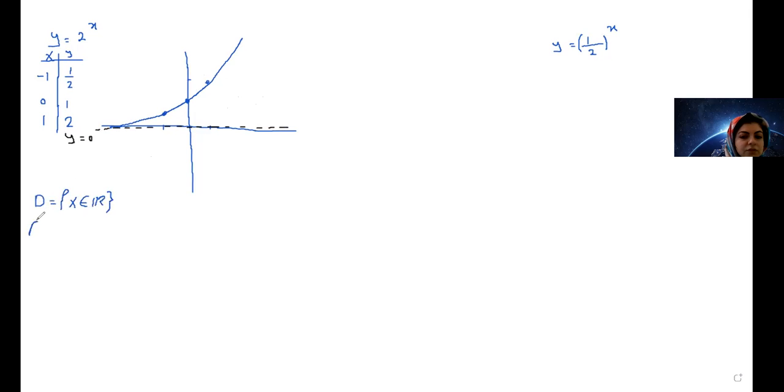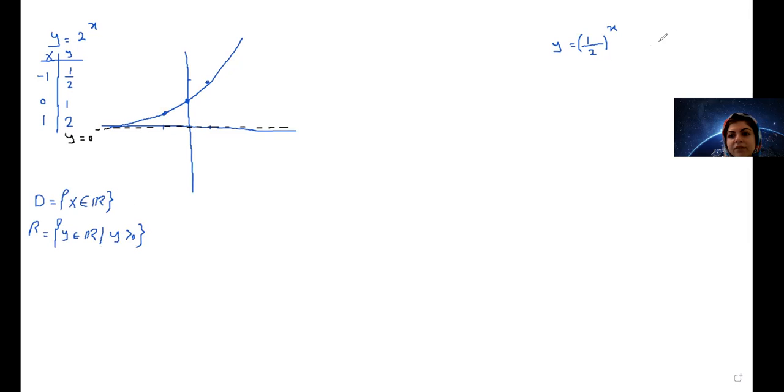And for range, y greater than 0. How do I know greater than 0? See, your graph is above the x-axis. The y can just be positive. Do we have the y-intercept? Yes, the y-intercept is at (0, 1), and your function is always increasing. So these are the key features.